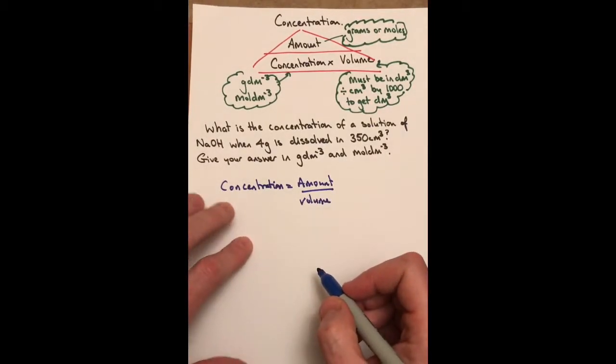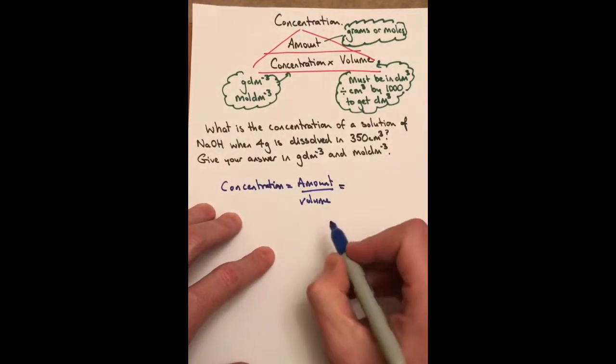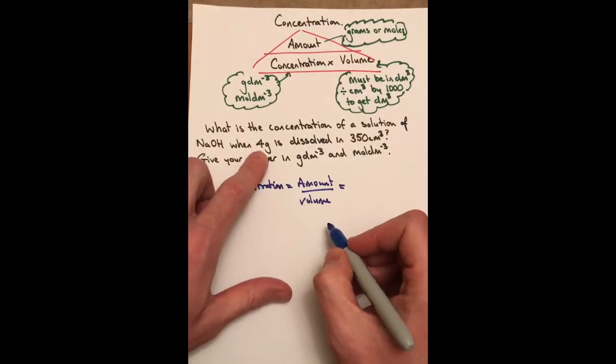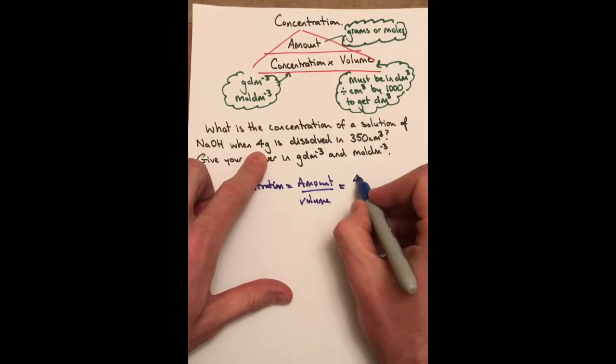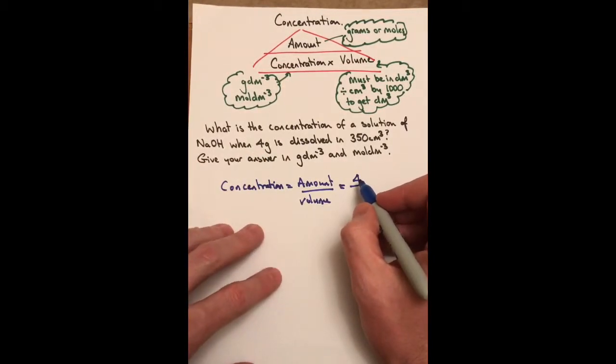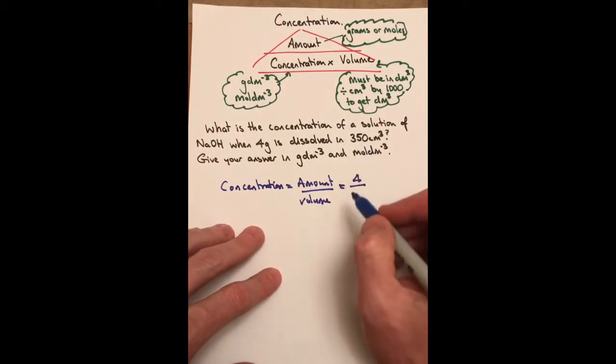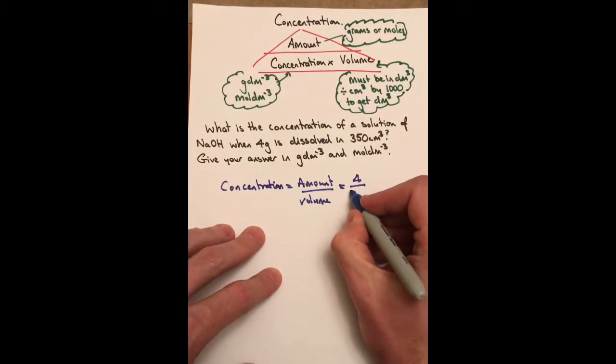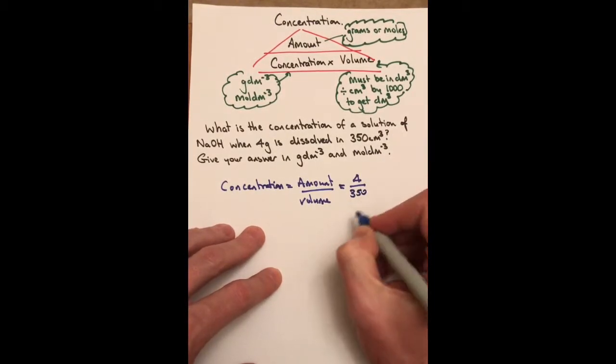If I go to the information in the question, I can see that the amount is 4 grams, and it's telling me that this has been dissolved in a volume of 350 centimeters cubed. So I've got 4 grams, 350 centimeters cubed.